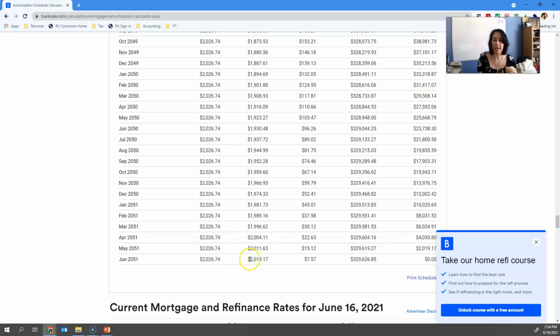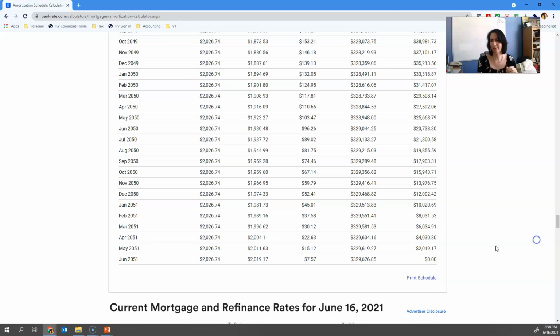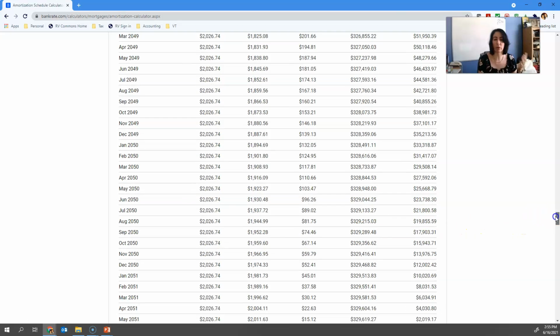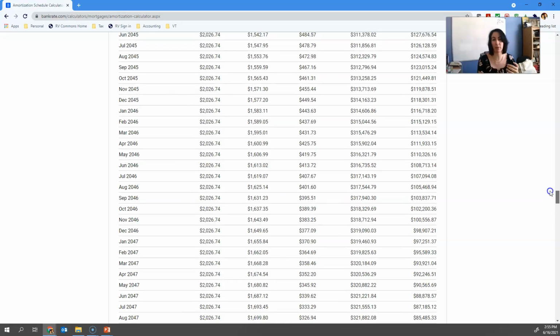But since you're calculating off of such a low loan balance, your interest was only $757 in the last month, and it's almost entirely principal towards the end. So the reason the interest is higher at the beginning, when you're paying primarily interest, is that you're calculating interest off of the higher outstanding loan balance.